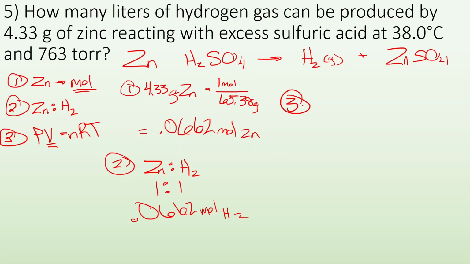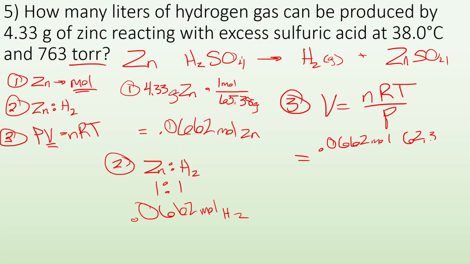So the next step, third, now I got a PV equals nRT it. Let me do some algebra. My volume is going to equal nRT divided by P. So now I can plug and chug. My n is 0.0662 moles times my R. Let's see, I'm using torr in the problem, so it's going to be 62.36 liter torr over mole Kelvin times my temperature, and I'm running out of room there, so I'm just going to have to write it up a little bit.